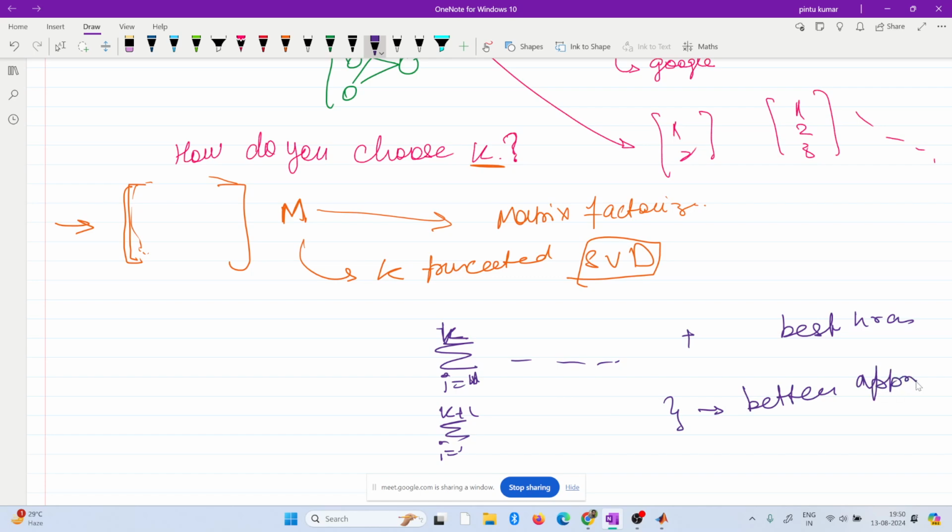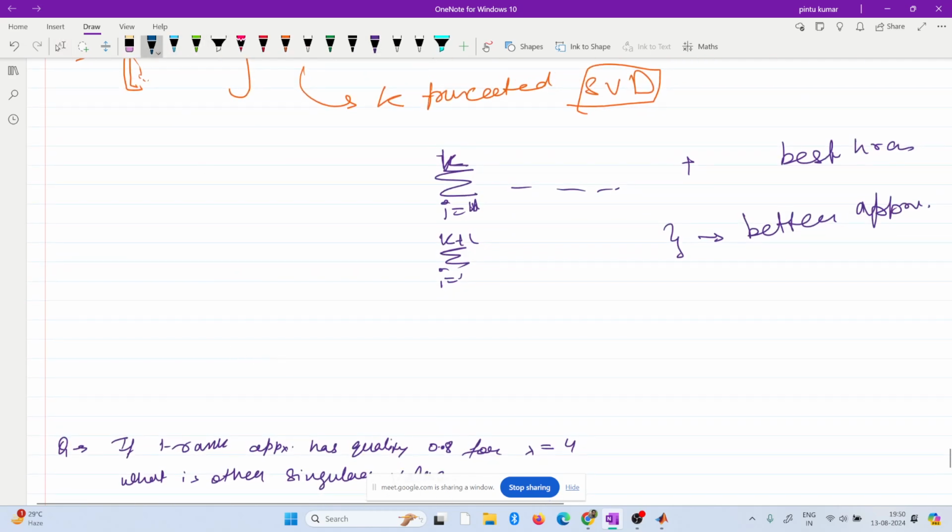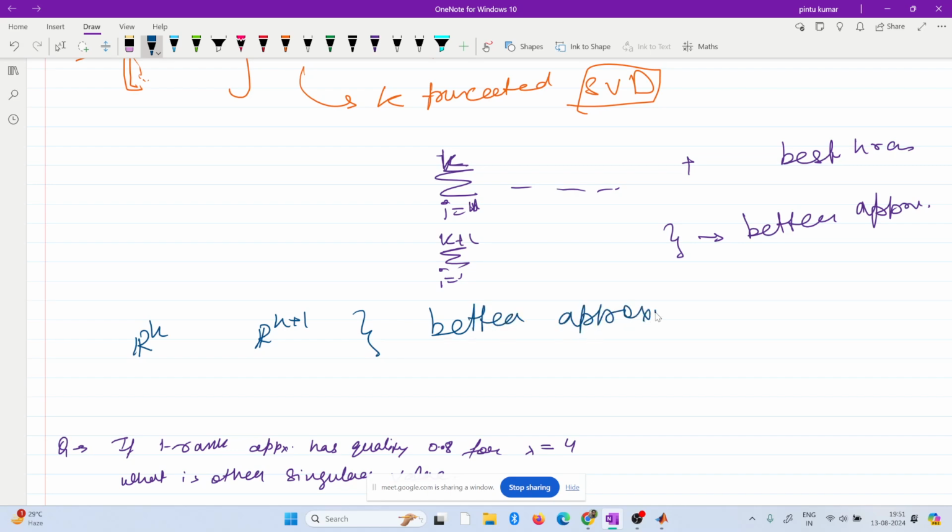So rather than finding an embedding in R^k, if you find an embedding in R^(k+1), you should get a better approximation. I'm not sure whether I'm making sense, but this is what should happen.